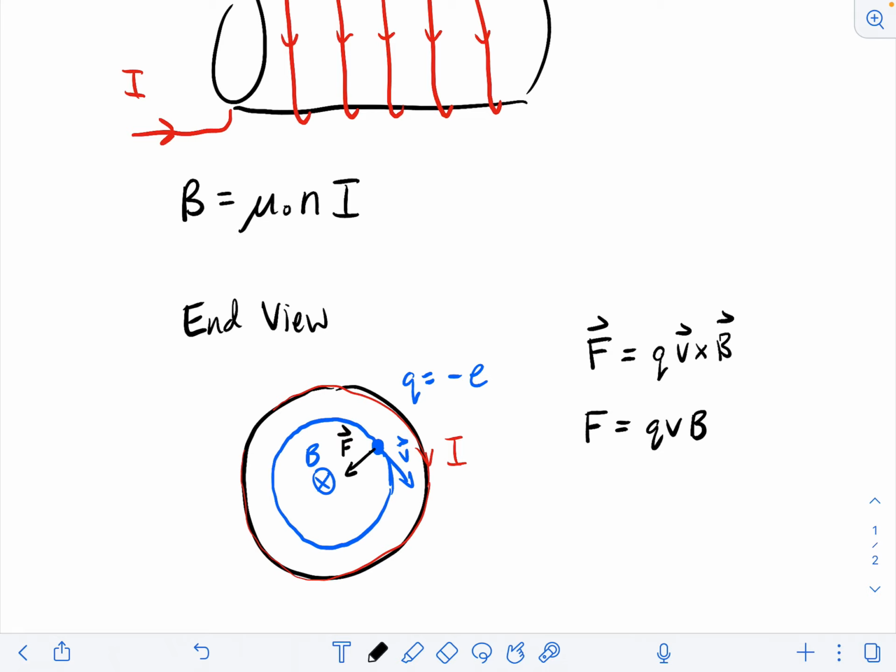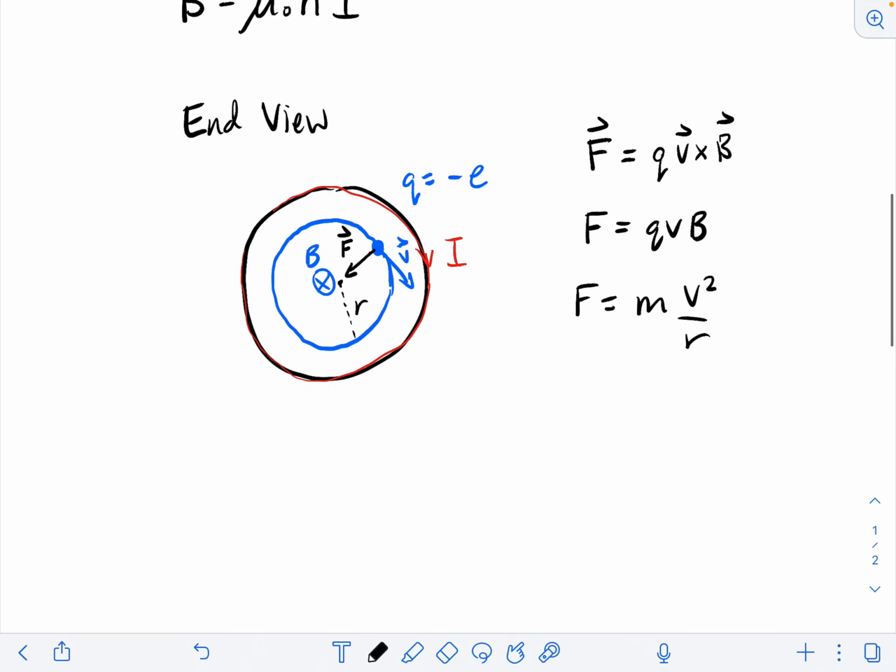Because the electron is in circular motion, it's undergoing centripetal acceleration, and the force must also be equal to the mass times the centripetal acceleration, which is v squared over r, where r is the radius of the circular motion. If this is the center of the circle, then r is that radius.